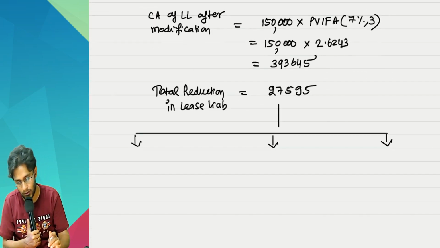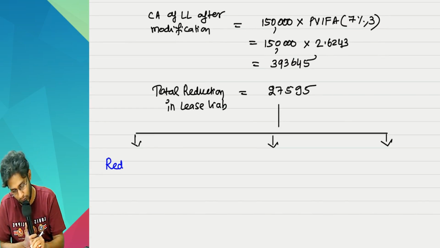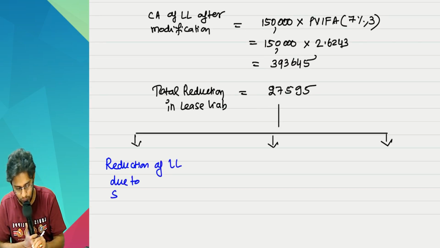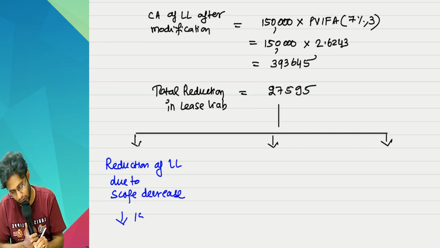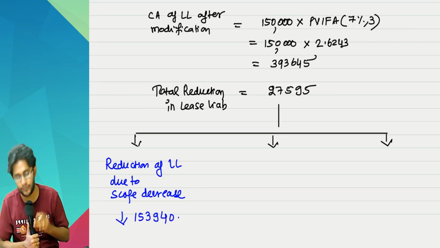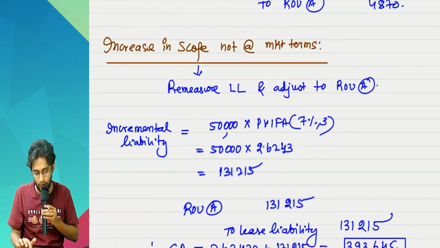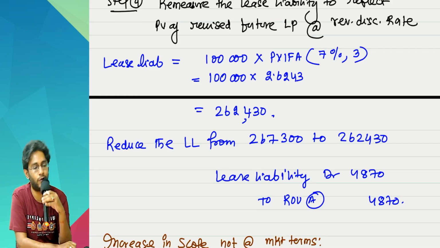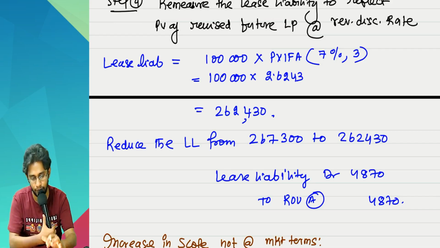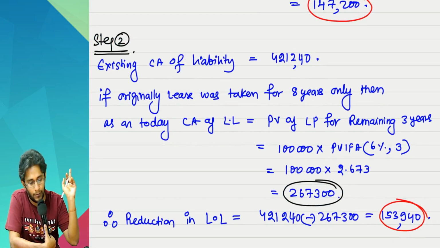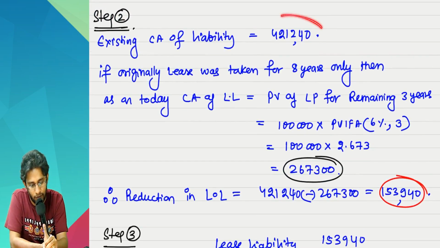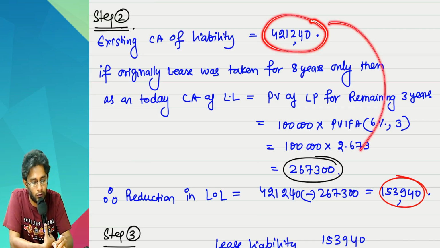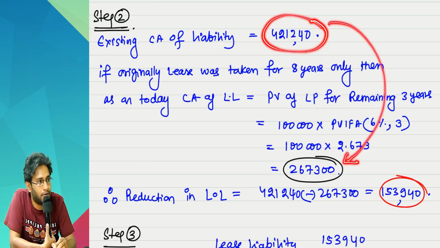153,940. So here, reduction of lease liability due to scope decrease is 153,940. After that, when you applied step number 4, your lease liability further reduced by how much? 4,870. Observe closely. In step number 2, from your existing number you dropped down to 267,300.